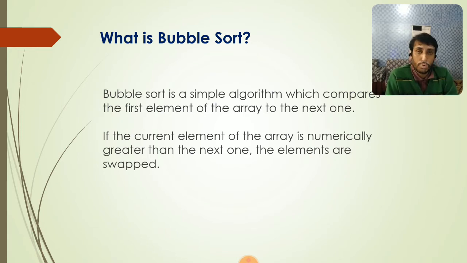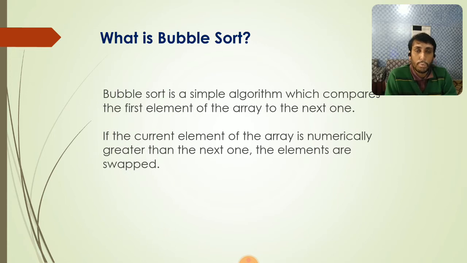So first of all, what comes to our mind is to run a loop. Inside the loop we will put a condition, which checks whether the element is greater than the next or not. If it is greater than, then we'll swap the positions.